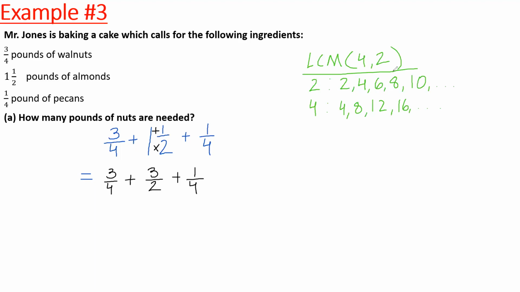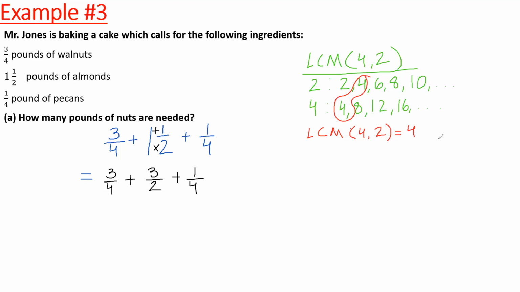It's gonna be 4. So we're gonna say 4 is the lowest common multiple of 4 and 2. So the LCM of 4 and 2 is definitely gonna be 4.